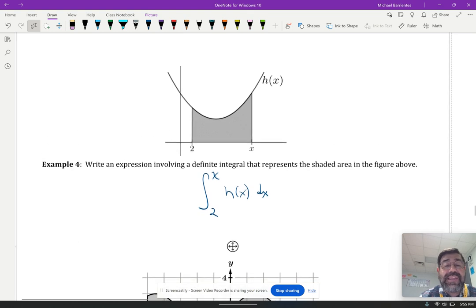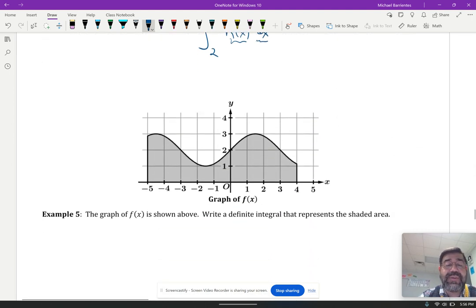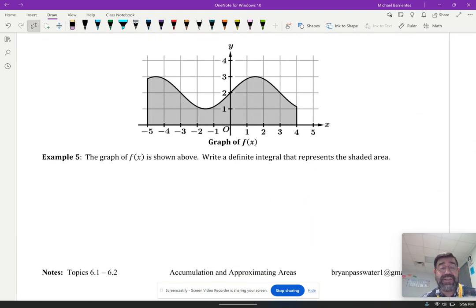So when I look at this, this is the height of the rectangles that we're drawing. This is the width of the rectangles. And this long S looking symbol is really telling us to sum a bunch of areas of rectangles starting at 2 and ending at x. That's what the symbol is trying to tell us. We're going to use rectangles to approximate whenever we can, to find the actual area.